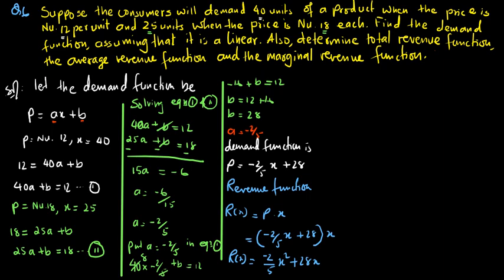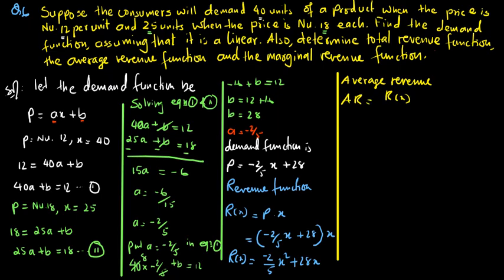Now we are asked to find the average revenue. So average revenue AR is equal to total revenue over X. So average revenue will be the demand function only.